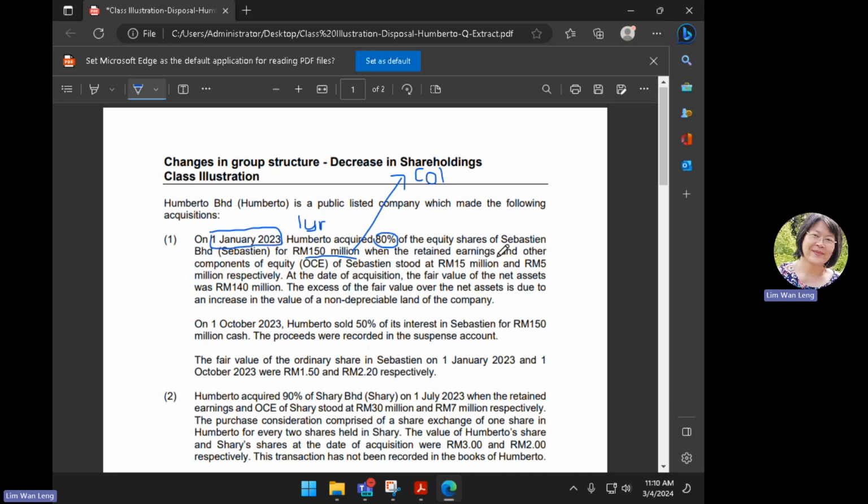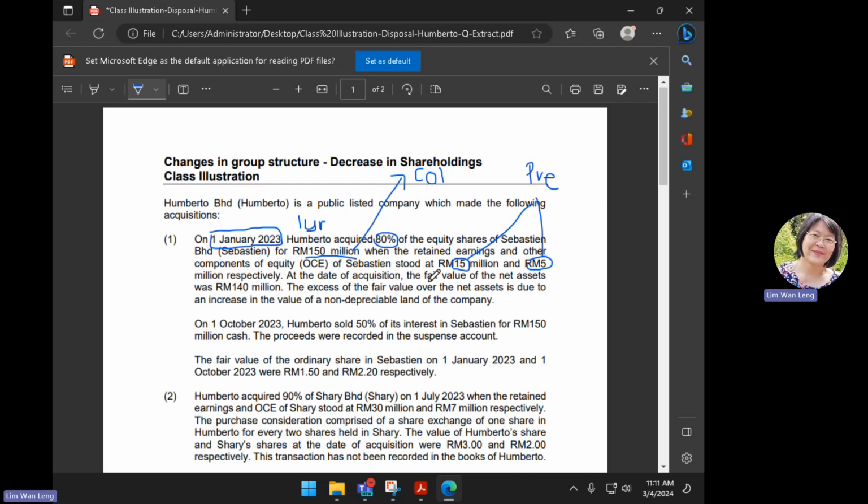The retained earnings and the other components of equity were 15 million and 5 million. All these are your pre-RE, pre-OCE.